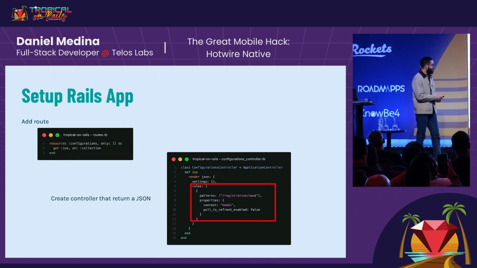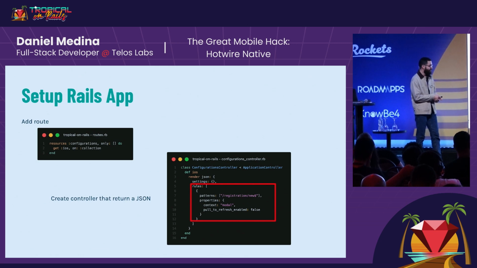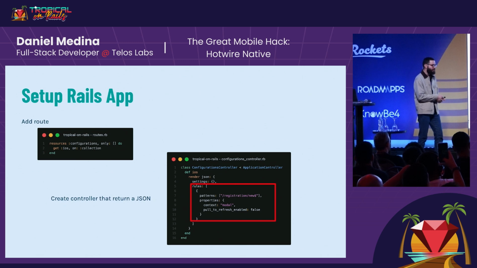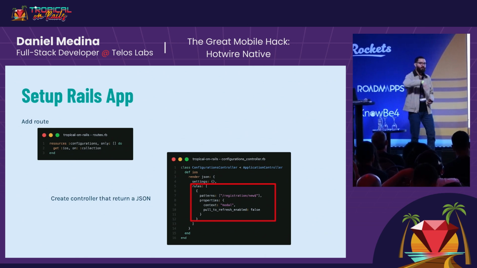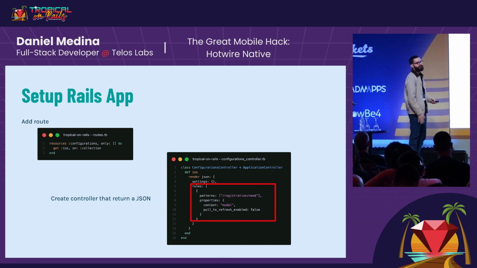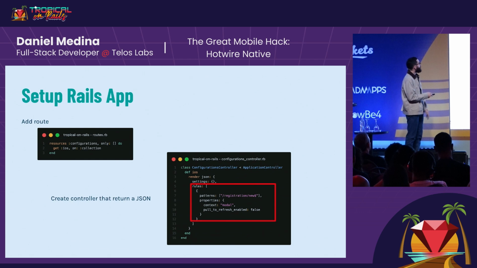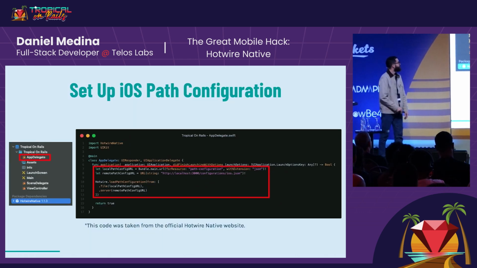So I want to leave it very clear. I'm telling these rules that when the URL matches this registration new, I want you to behave like a modal. And when you pull to refresh, you know, in the native app, when you go down, you're going to refresh the page. Well, I'm telling it, in this route, don't do it.